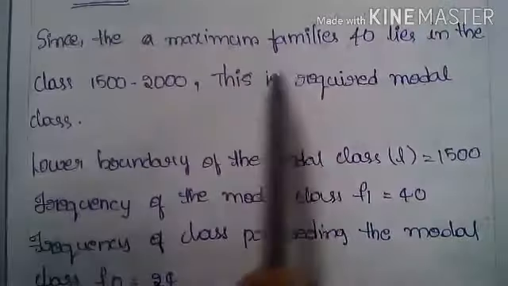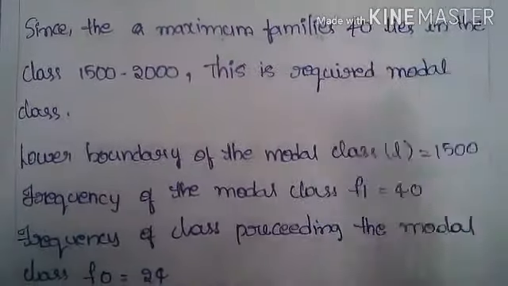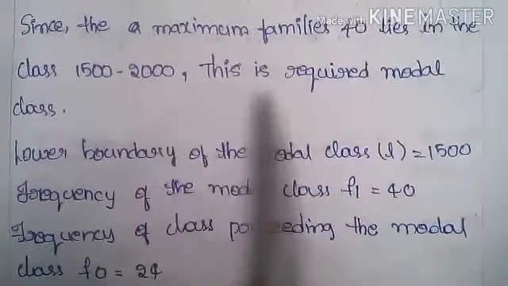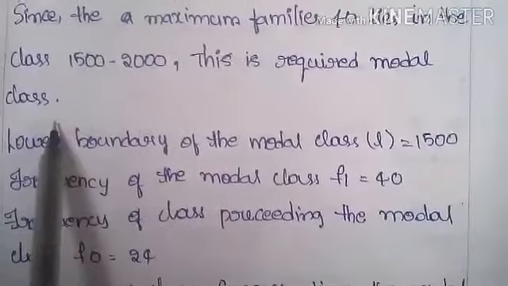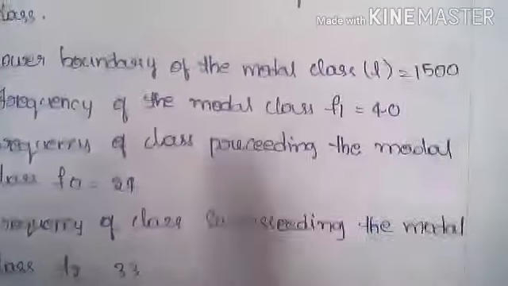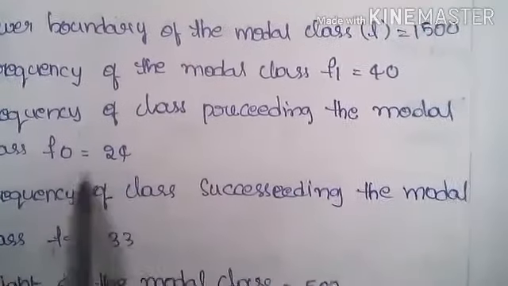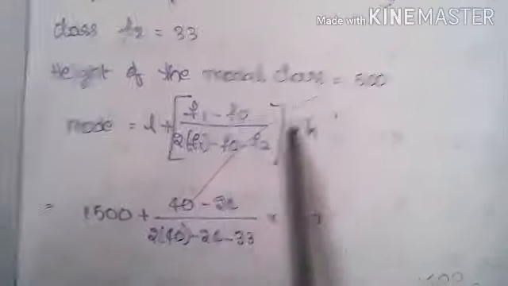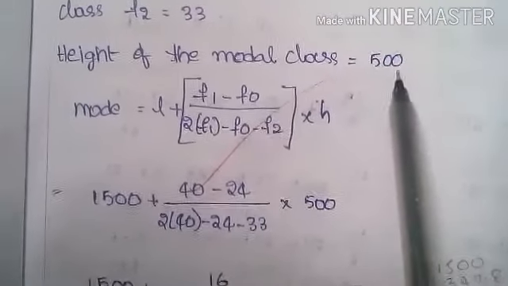So we'll get 2662.5. Since the maximum frequency is 40, it lies in the class 1500 to 2000. This is the required modal class. Lower boundary L is 1500, F1 is 40, F0 is 24, F2 is equal to 33, h is equal to 500, which is the difference of class interval.